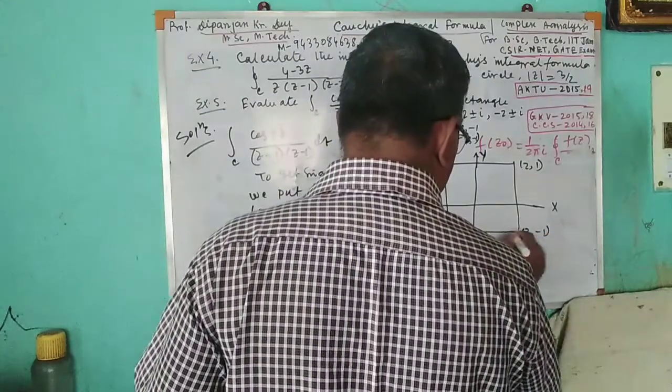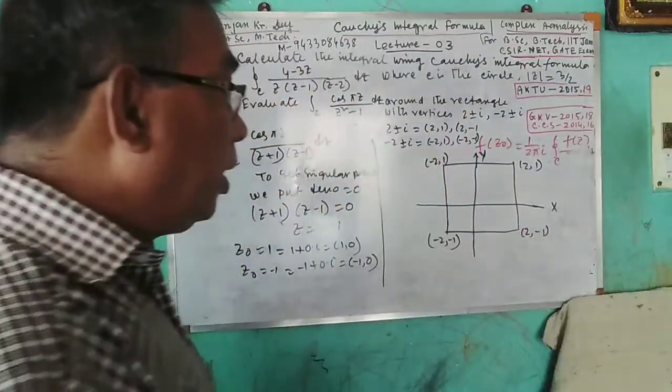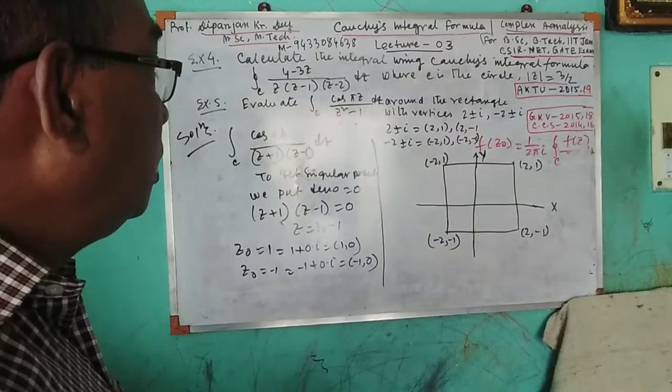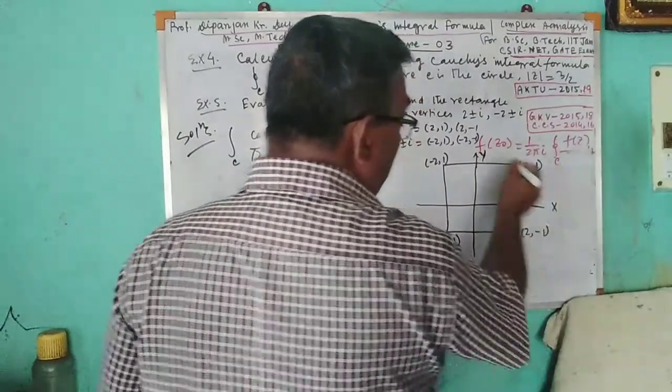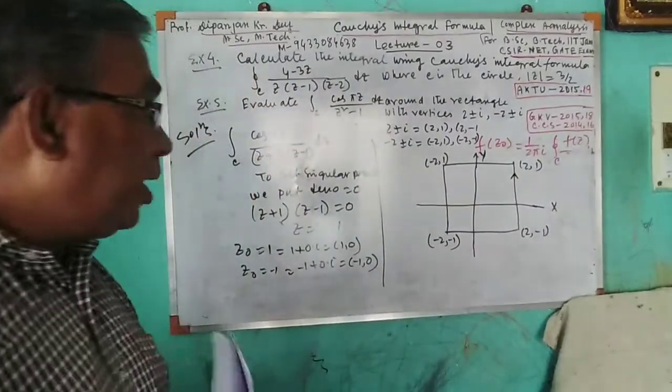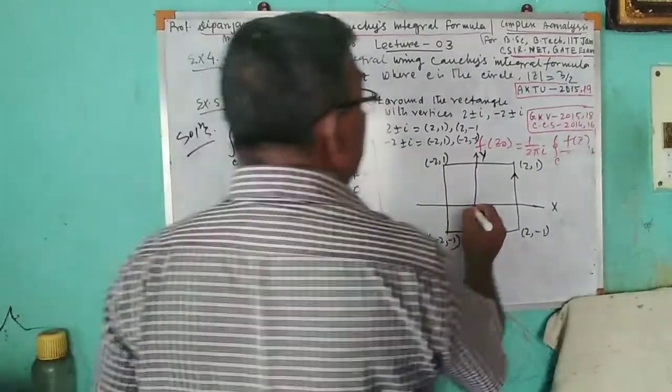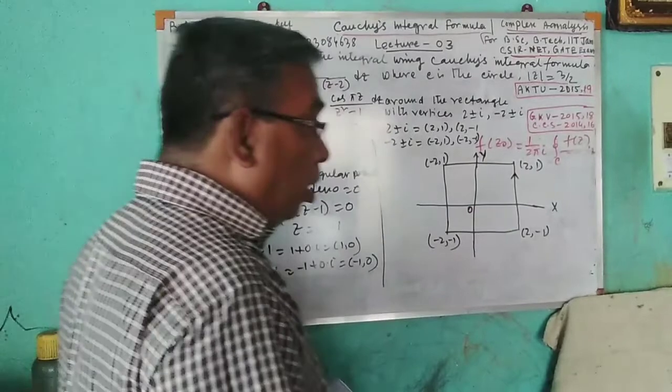So this is a rectangle. Okay, so this is again a closed curve. Now we have to check. This is the center of the axis.